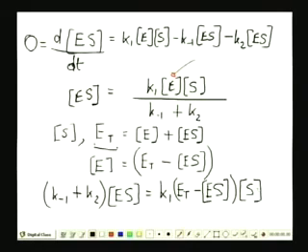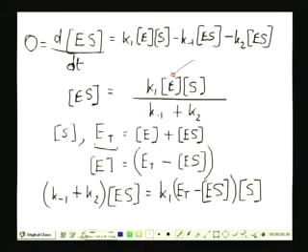So what can I now do? I have another expression for ES here, which I can take over onto the left hand side, right? So if I do that, I will amount on the right hand side to K1 ET S. If I take this ES part over onto the left hand side, what will I land up with on the right hand side? A K1 ET S. And what will I have on the left hand side?